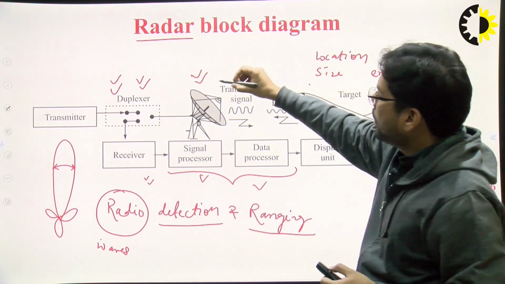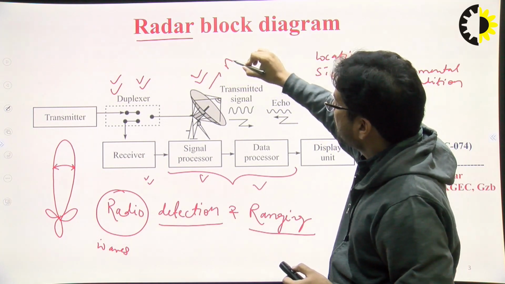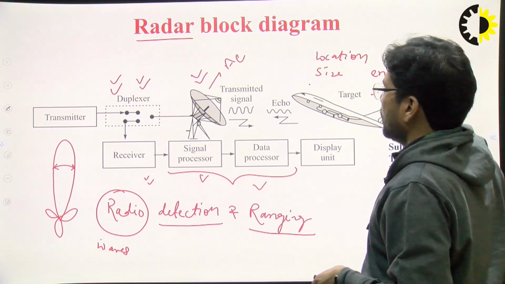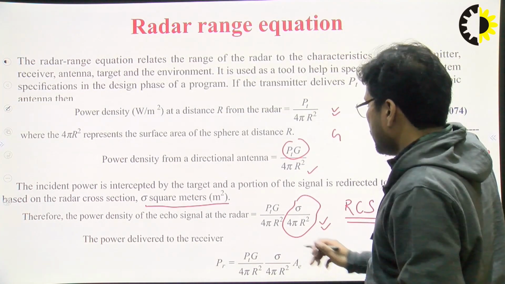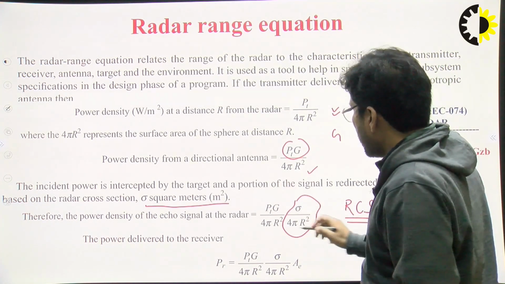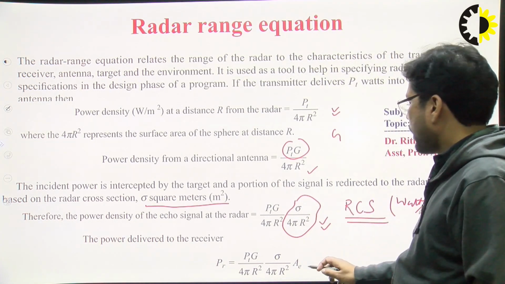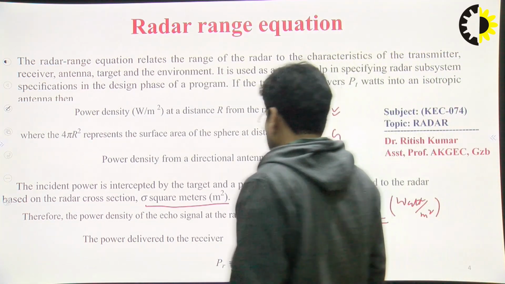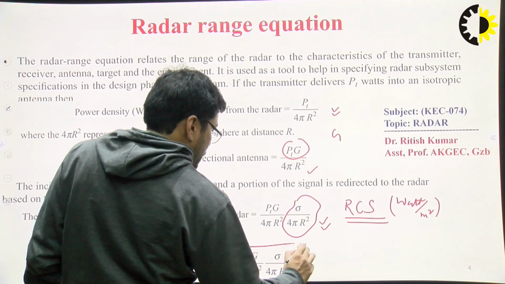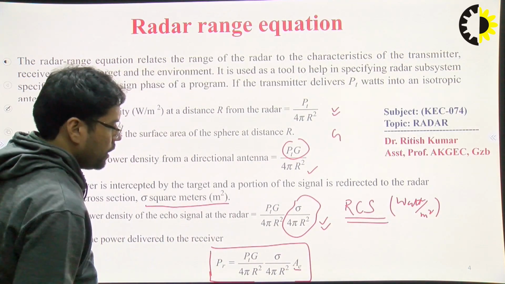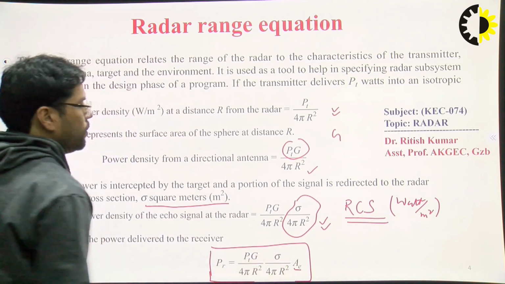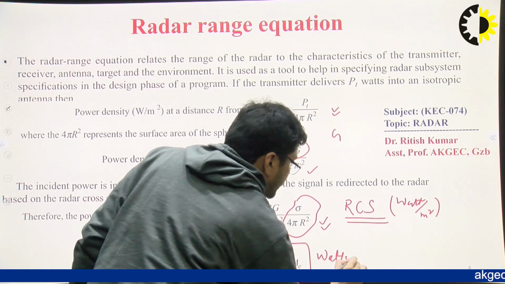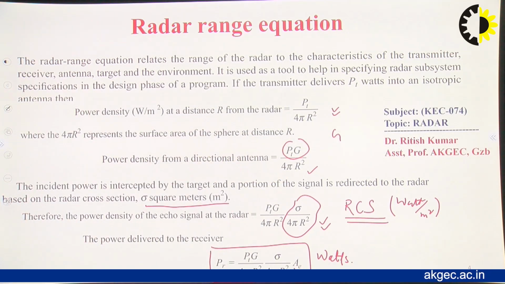Suppose the aperture area of the antenna is equal to A, so how much power will we receive at the receiver side? This power density is multiplied by the effective area of the antenna, A. So received power is equal to Pt Gt upon 4 pi r square into sigma upon 4 pi r square into A. This comes in the unit of watts. So this is the received power at the receiver.